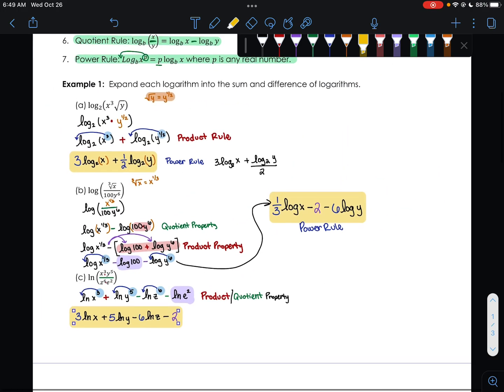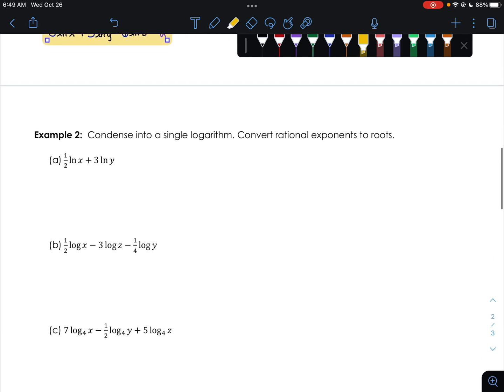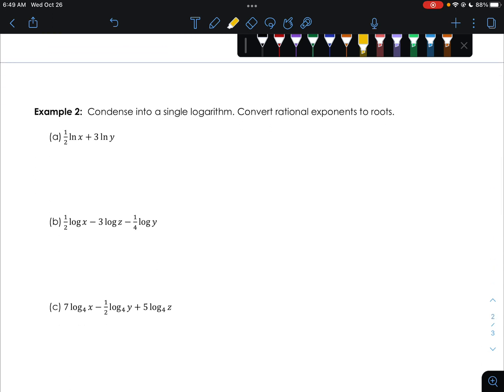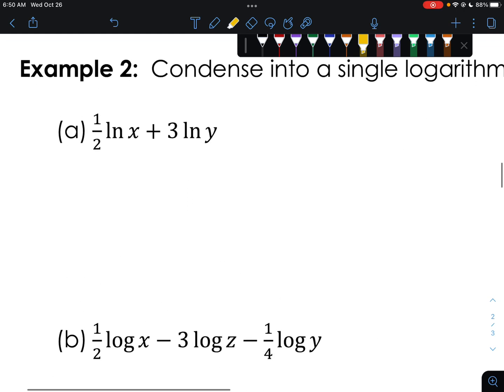Okay, so you do have to be able to expand like this. And then you're also going to have to be able to condense, so doing the opposite of what we just did. Now we're going to be working backwards. The first thing we see when we're trying to condense is that I have two logs, and I want them to become one single log.